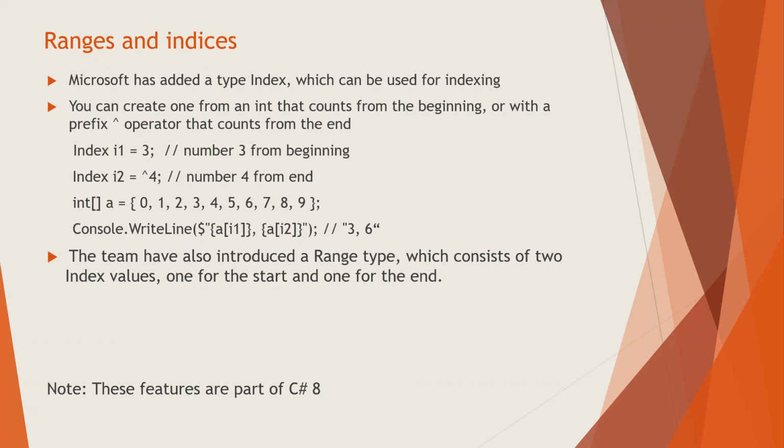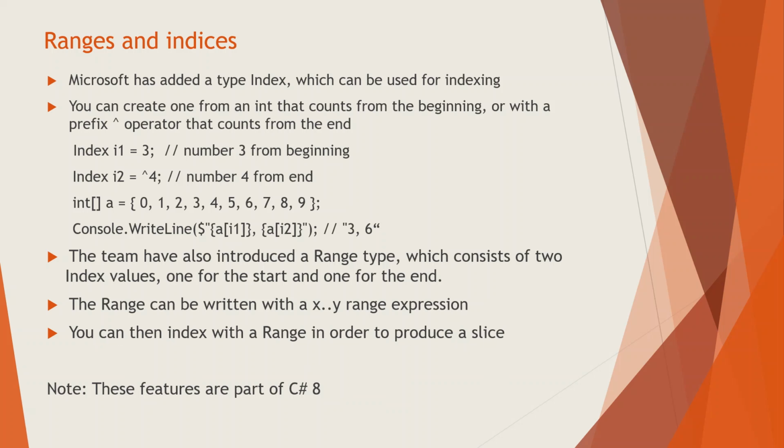The team have also introduced a Range type, which consists of two Index values, one from the start and one from the end. The range can be written with the x..y range expression. You can then index with the range in order to produce a slice, just like var slice = a[i1..i2].